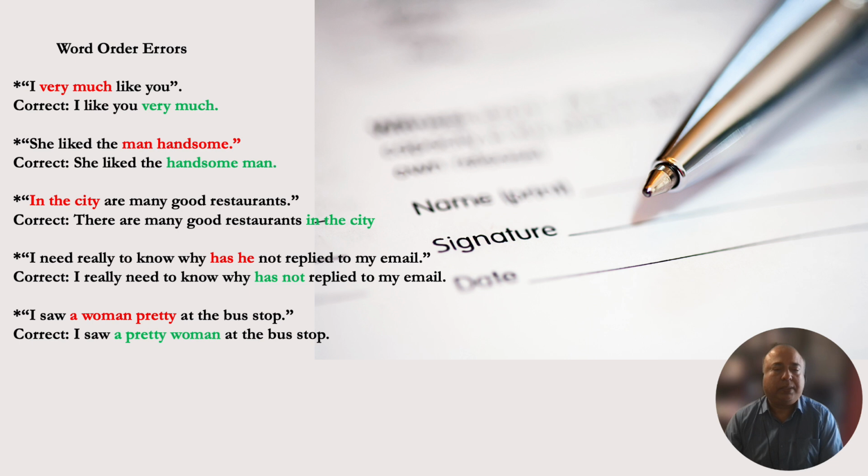The correct form is, "She liked the handsome man." So in English, adjectives come before nouns. A handsome man, not a man handsome. So that's a word order error. I'm not going through each and every example because that will take us forever. You can always go back and take this lesson again and go through each and every single example to learn.